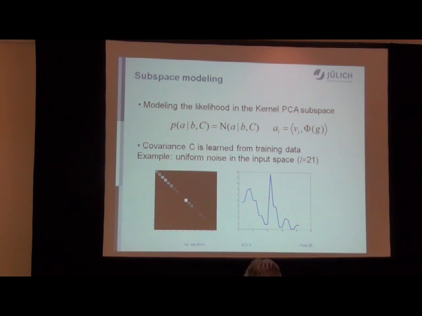We embed both in the feature space and take the difference as the error for estimating the covariance matrix, shown here on the left for a 21-dimensional subspace. And here on the right you see the diagonal elements, which show clearly how the different components are corrupted by uniform noise in the input space.